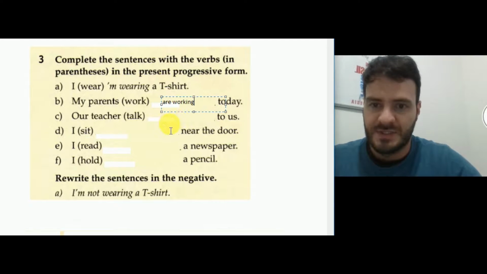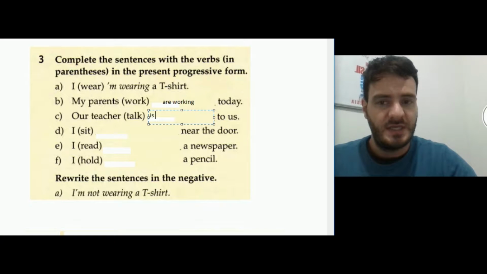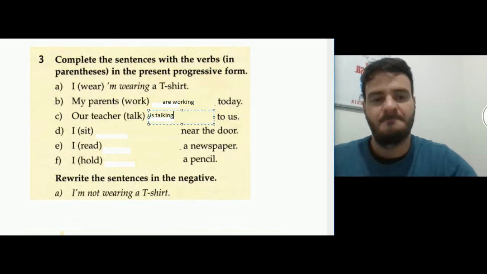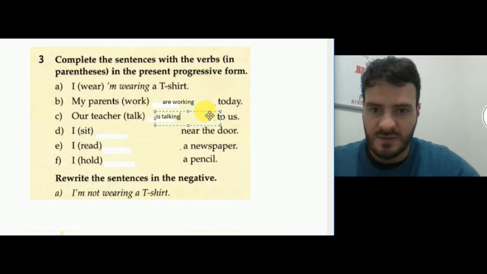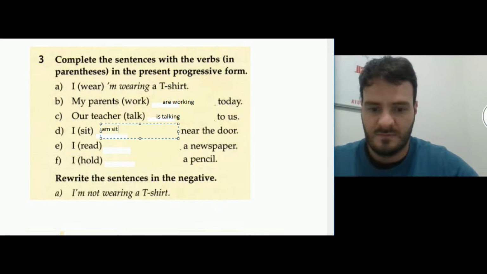Our teacher talk. Our teacher is talking. Our teacher is talking to us. I sit near the door. I am sitting. I am sitting near the door. Double T. Okay?